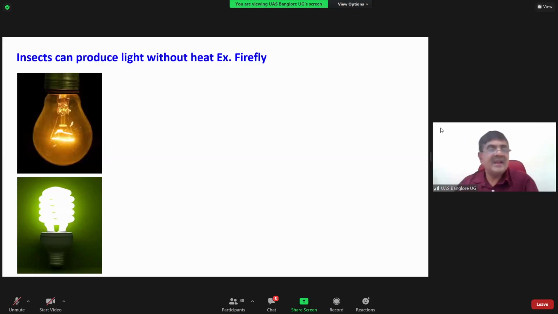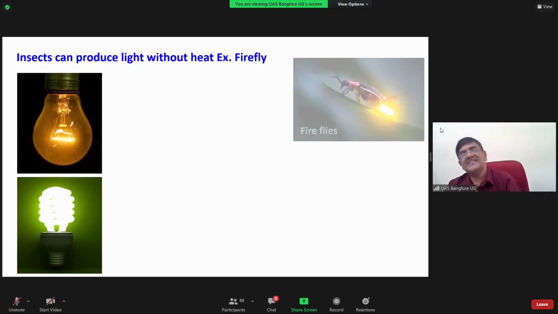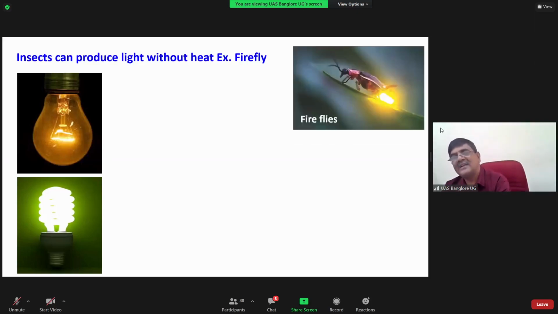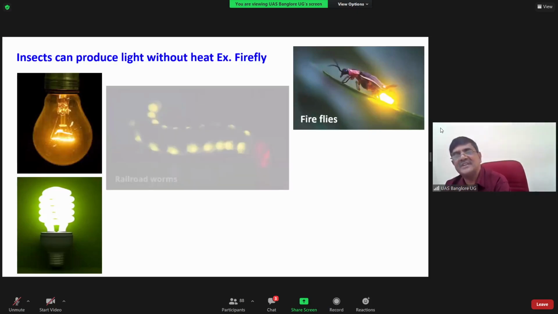And here you can see the bulbs that can produce light. In the process of producing light, some of the energy is lost in the form of heat. But insects also produce light, but the heat production is almost zero.